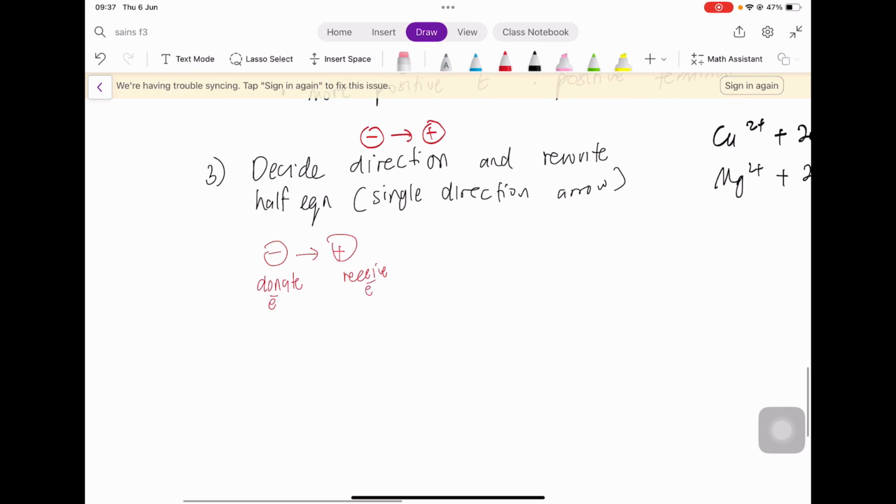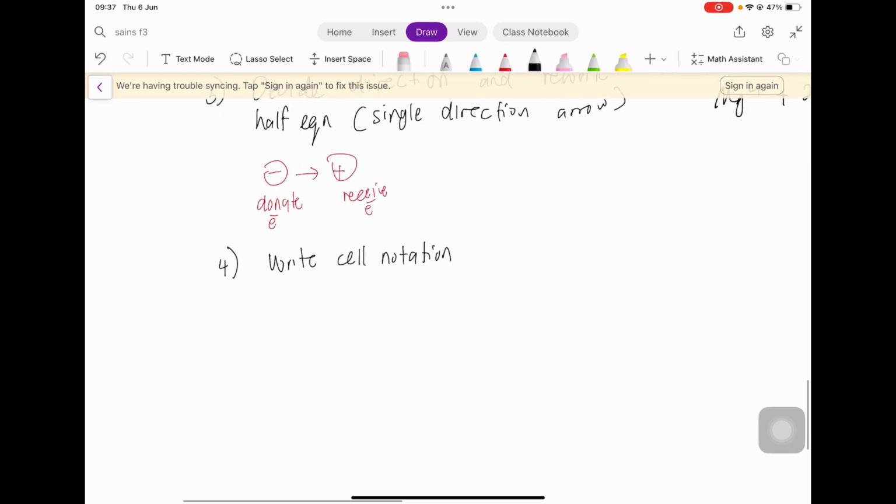Okay. The fourth one would be to write your cell notation. Cell notation. Okay, cell notation ni nanti I explain. Okay, about cell notation ni very easy one. Okay, this is all you need to know. Ni macam kira macam barrier lah.